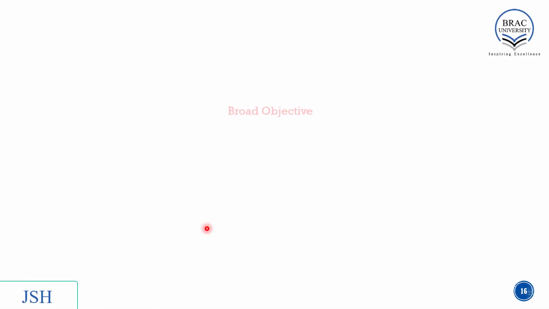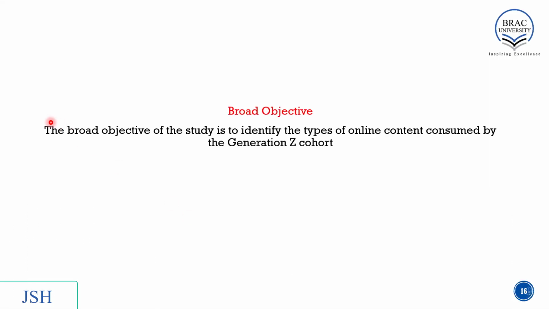Now, this is the broad objective for this research topic: to identify the types of online content consumed by the Generation Z cohort. Now, before I reveal my own answer, I want you guys to think of three specific objectives for this topic or for this broad objective. So I'm going to give you 30 seconds to think of three specific objectives for this topic.